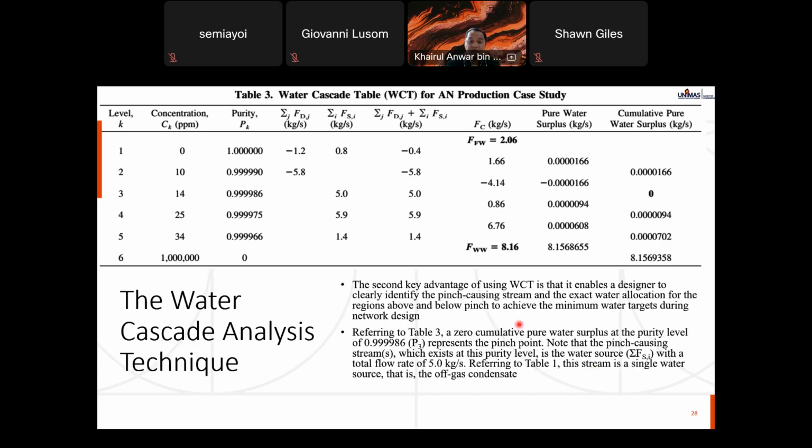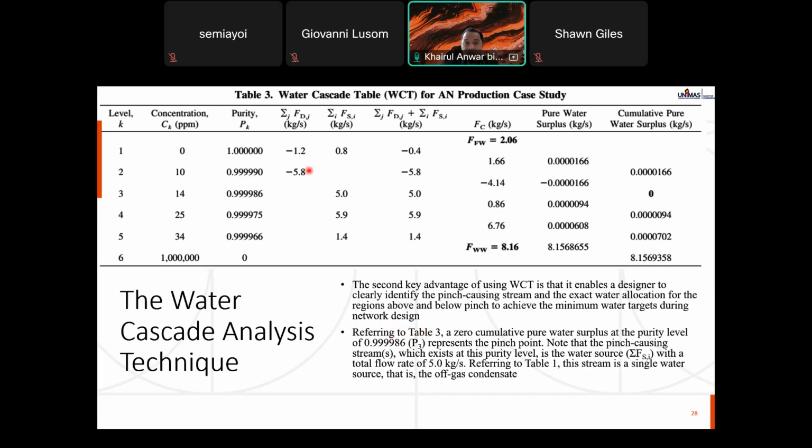The second advantage of using the water cascade table is that it is designed to clearly identify the pinch-causing stream, the exact water location, and the regions above and below the pinch to achieve the minimum water targets during the design.